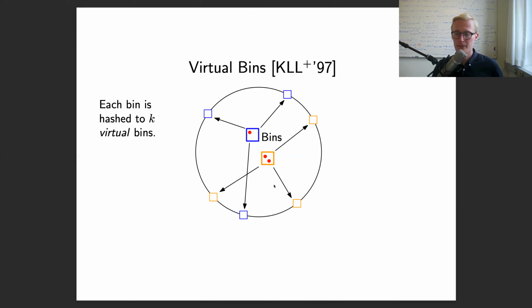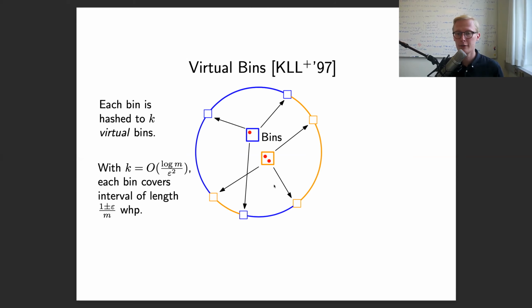And you can think of these virtual bins as covering, in counterclockwise order, the interval behind them until the next virtual bin. So the blue virtual bins would cover these blue intervals, and the orange ones would cover the orange intervals. And the point is that if we use more virtual bins, we get a more uniform bin cover.